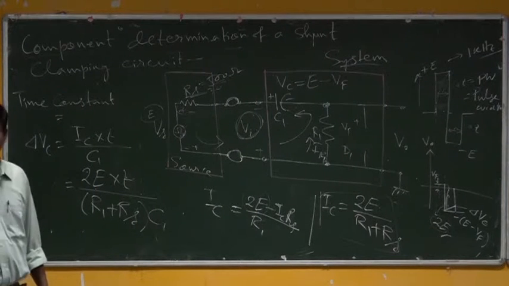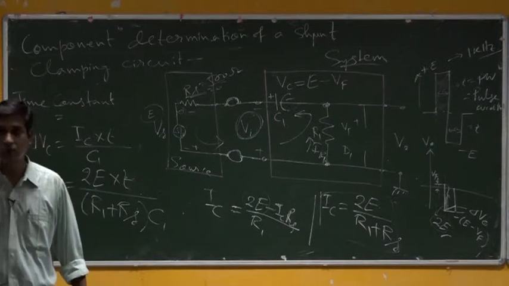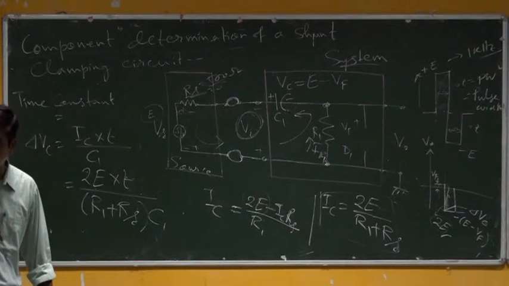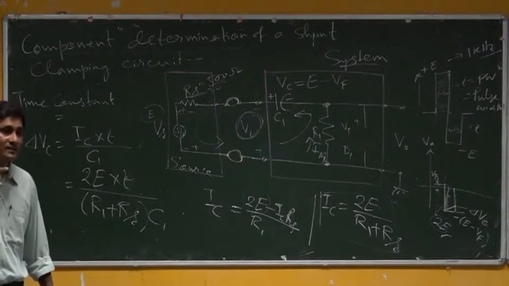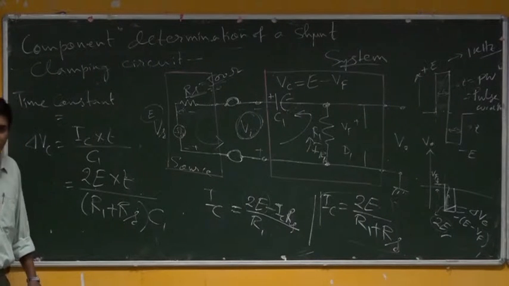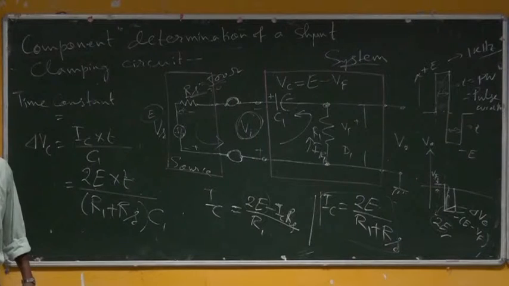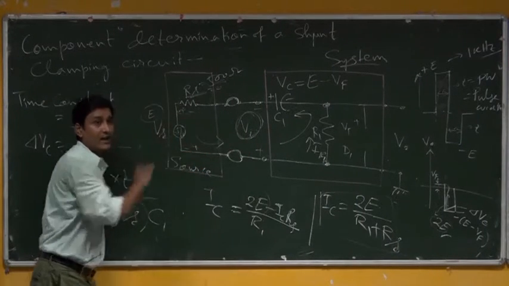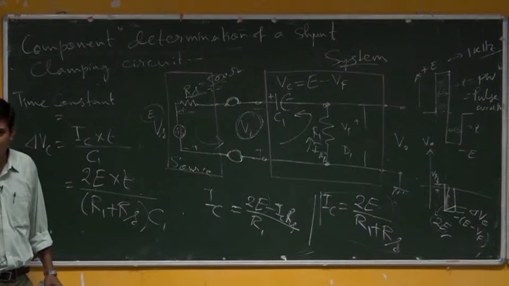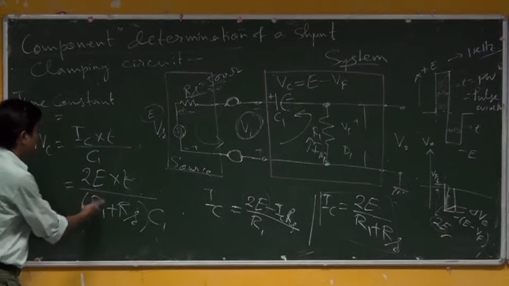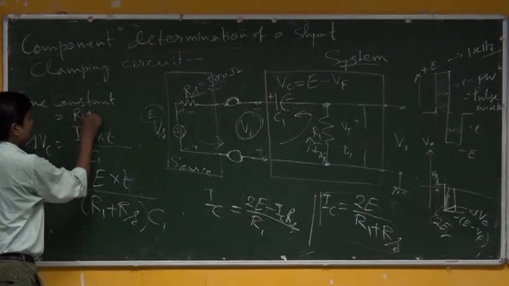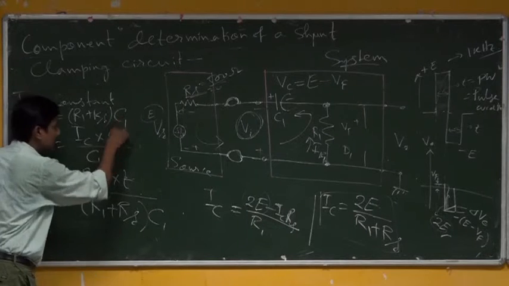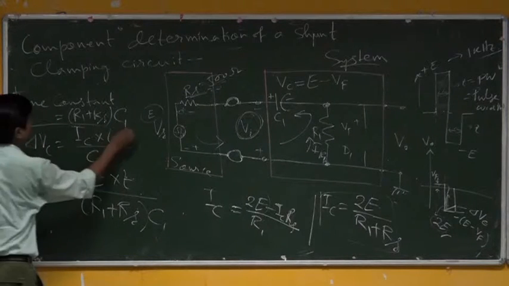I repeatedly said that the total resistive path which it will follow for conducting the current and the capacitance of the capacitor in the path, those values will be multiplied. Now if there are two resistors, R1 and Rs, in series, what is the equivalent resistance? R1 plus Rs, and that will be multiplied with C1. So this is the time constant now.